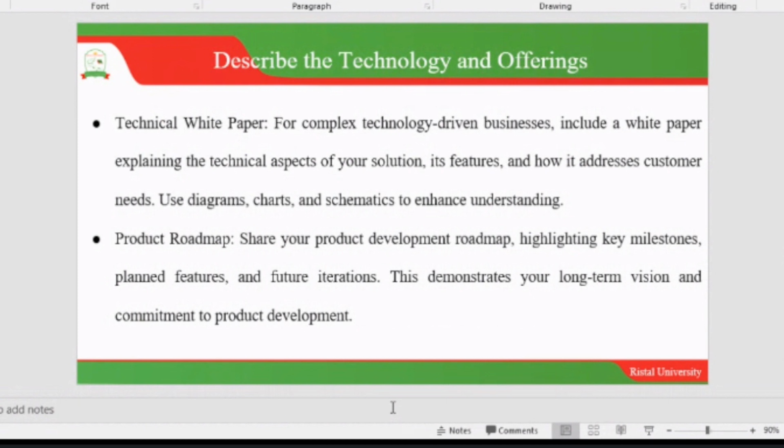Then you should also have a product roadmap to show how far you've come. Okay, highlighting those key milestones, planned features, and future iterations or changes that you are going to make.